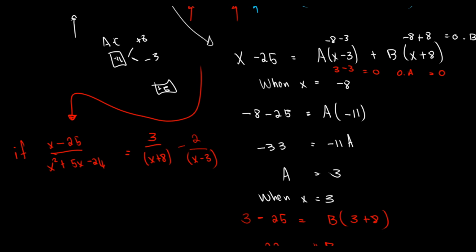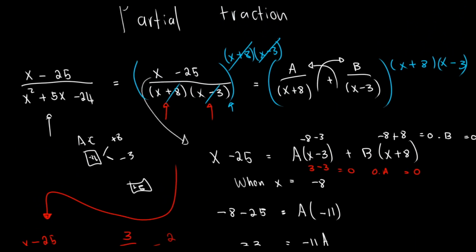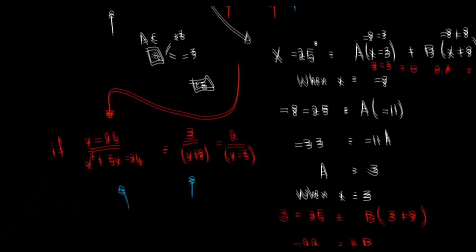Okay, so this process is called partial fraction decomposition, and again the idea is to create two separate fractions. You first want to give some notations to the gang, and we have a and b, and then our main objective is to solve for a and b so we can make a final statement.